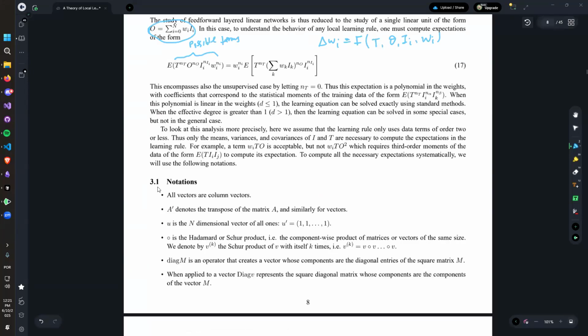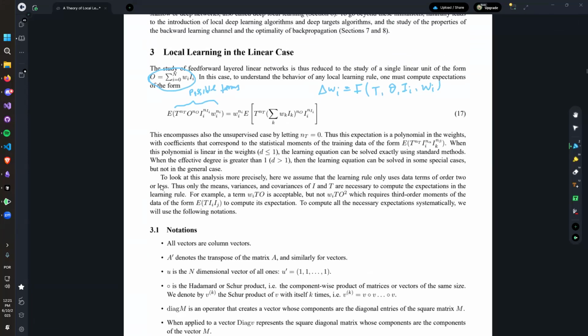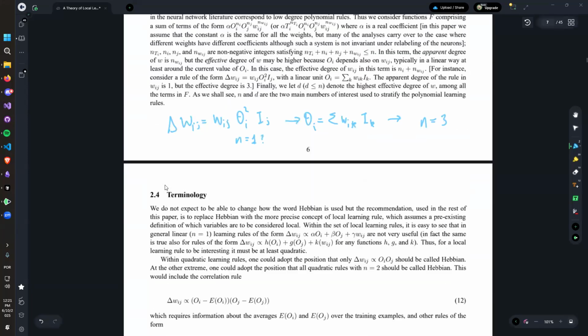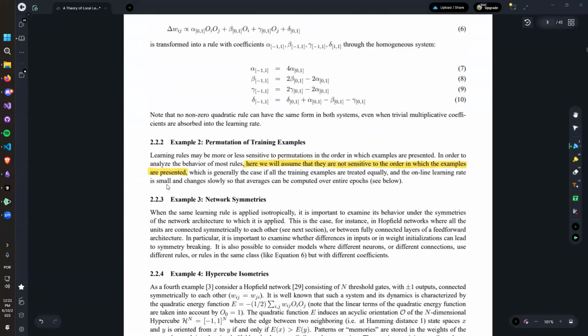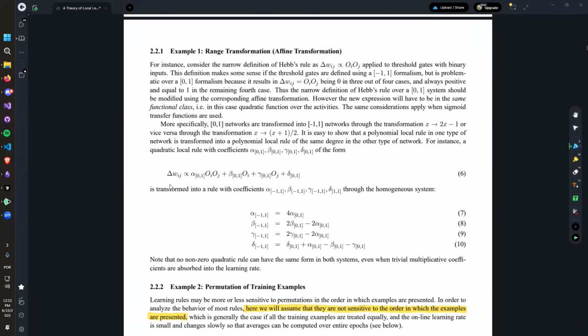May I ask you a question? Sure. If you go back to page number 5, example 4, the Hopfield network. Yes, here.